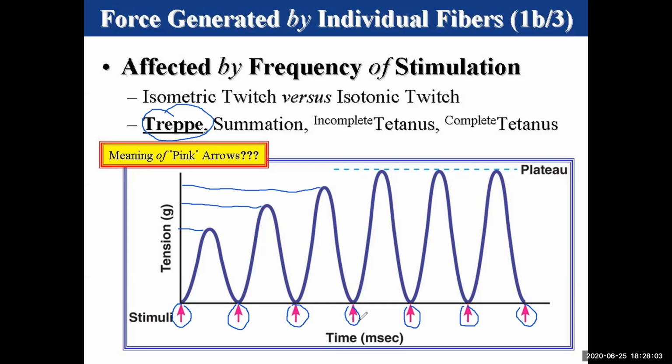And by the fourth application, it peaks out. So this is the plateau here. Right, so this is the first application, the second, the third, and by the fourth application, the fifth application, the sixth, and the seventh is not shown, but it plateaus out.